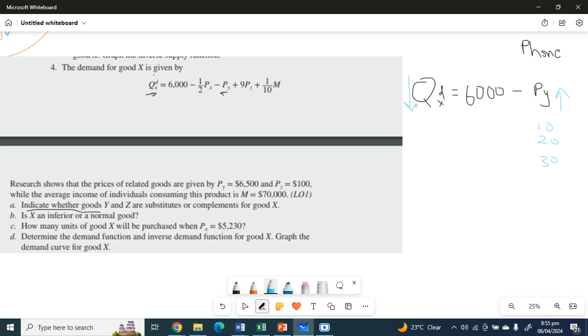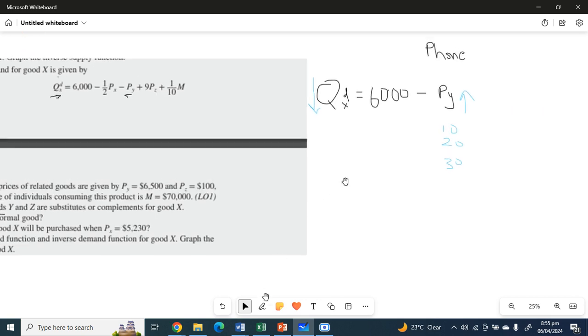So for good Y, since if the price of good Y goes up, the quantity demanded for good X goes down, we can say that Y is a complementary good. An example of complementary goods is phones and phone covers. If the price of phones goes up, the quantity demanded for phone covers is going to go down since phone covers are used in conjunction with phones.